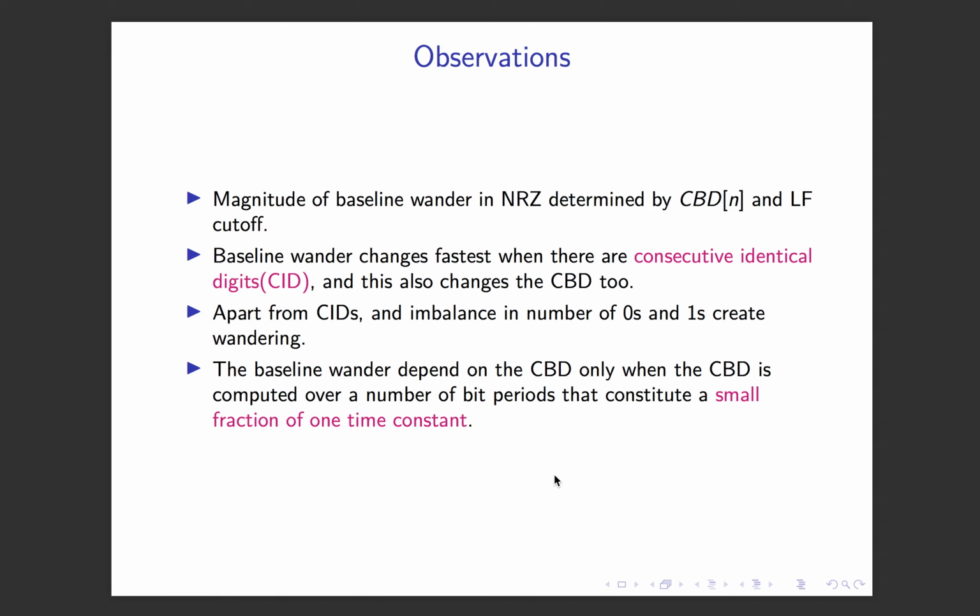And we already talked about the last point here, and we will see why we are talking about it: the baseline wander depends only on the CBD, not on the lower frequency component, if we compute the CBD over a very small bit period, say for maybe 1% of the tau by TB term.